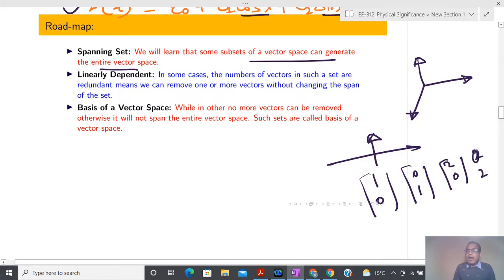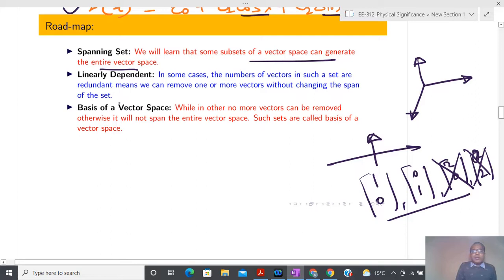It is possible to show that using these four vectors I can span the whole space, and if I remove two of these vectors, I can also span the same space. If I select 1 0 two times, then I can represent the element 2 0. That kind of vector is called a linearly dependent vector.